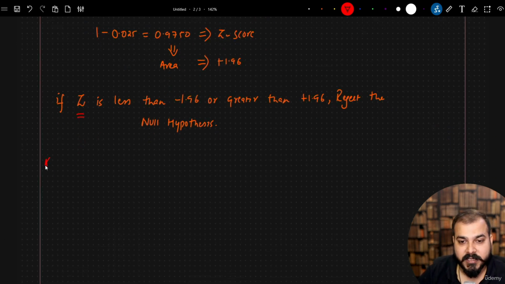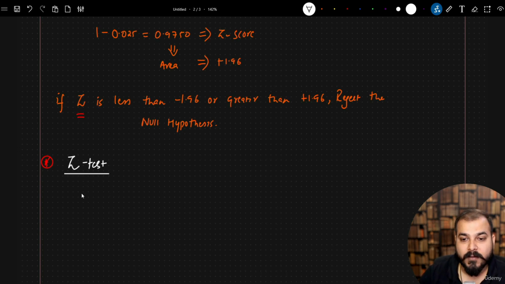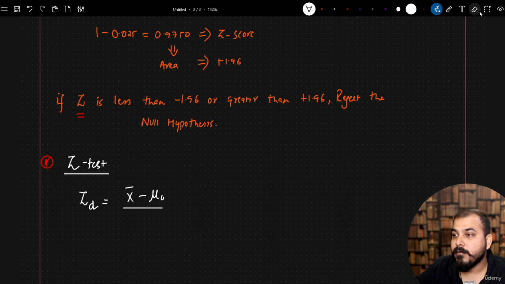My next step is the Z test that I'm going to perform. In order to perform this Z test based on the data, I'll write Z of t, which is nothing but x bar minus mu, where mu is my population mean with respect to this height, divided by population standard deviation by root n.